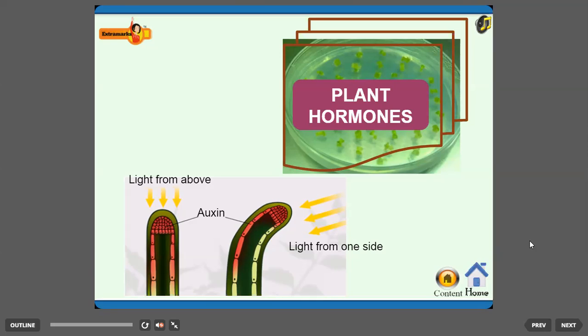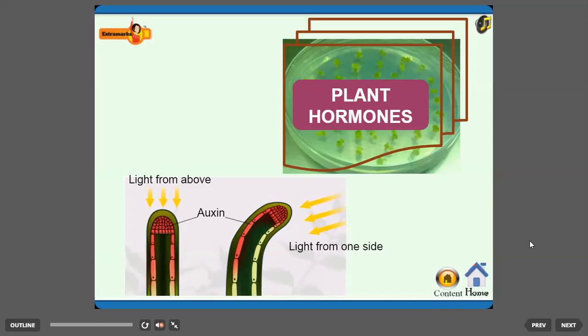It is mainly synthesized at the shoot and root tip, as shown to you in the video. Therefore, it has an opposite effect on the growth of the stem and root. Now, auxin controls the phototropic behavior of a plant.